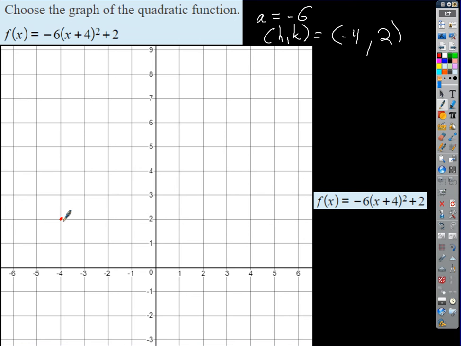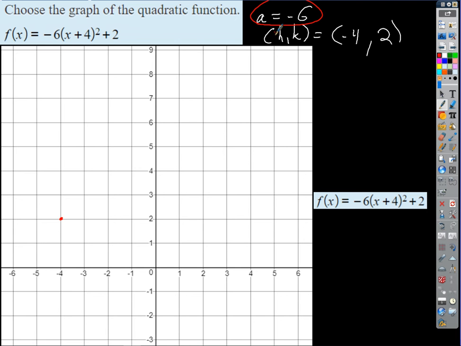And the vertical dilation factor tells us how much we're going to stretch out or compress and maybe even reflect our parent graph, our parent parabola, y equals x squared, right? The easy way to do that is, it's what we multiply all of the parent y values by.